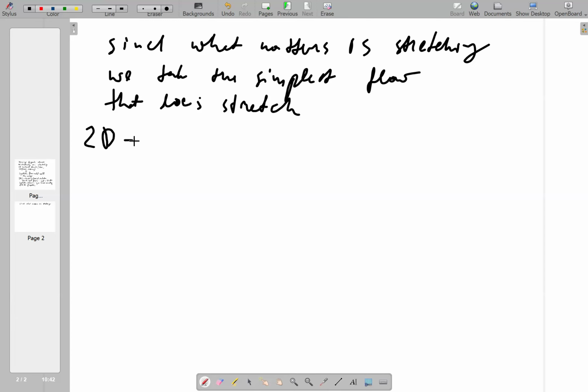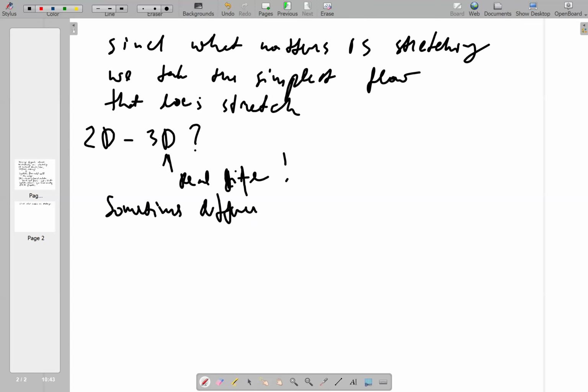So now again the question: 2D versus 3D. Real life is 3D. In some cases, the differences between 2D and 3D are quite important.